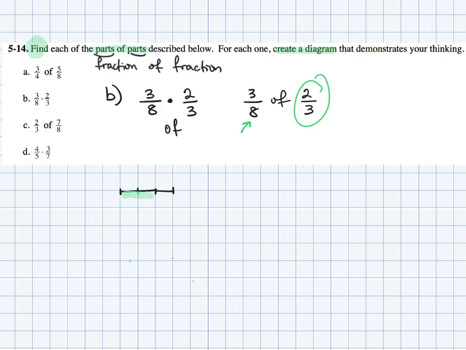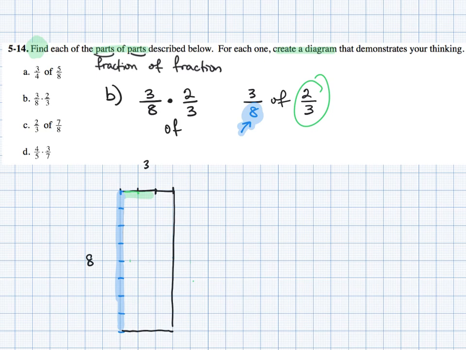Now, how deep can I make this box? I want my box to have 8 of those equal parts. So I'm going to count down 8 as I'm doing it so that it can address that 8 in the denominator for the next piece. So as I count it, now I'm going to make my one whole be 3/8.